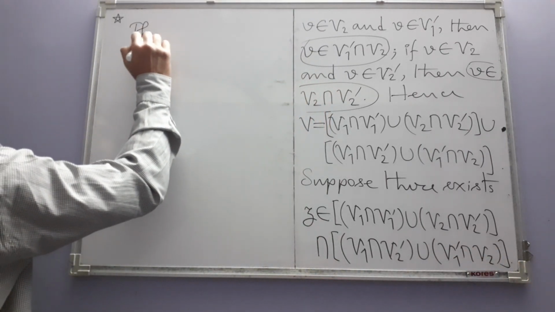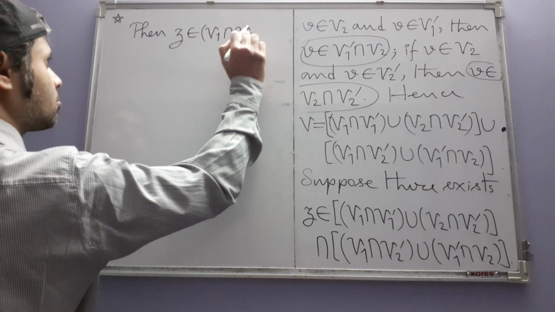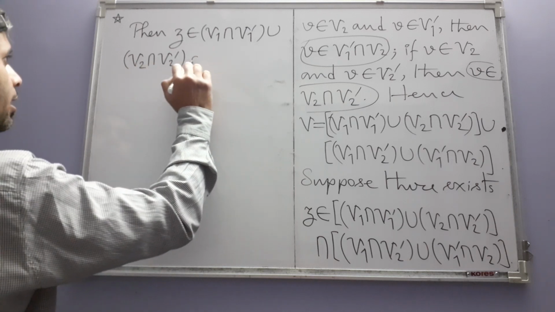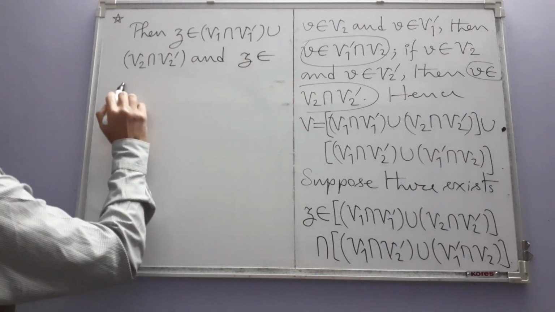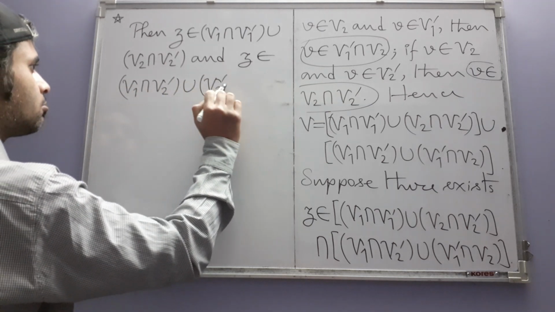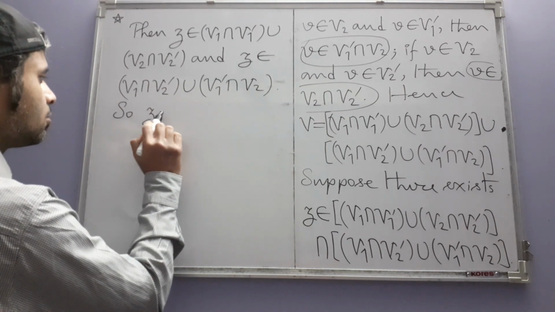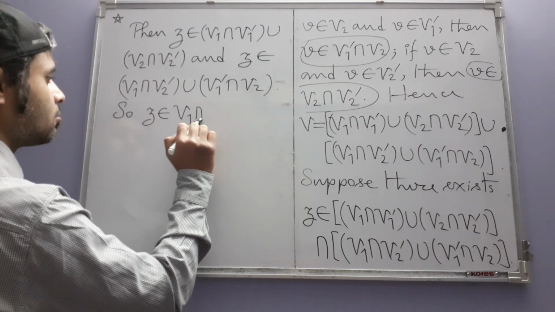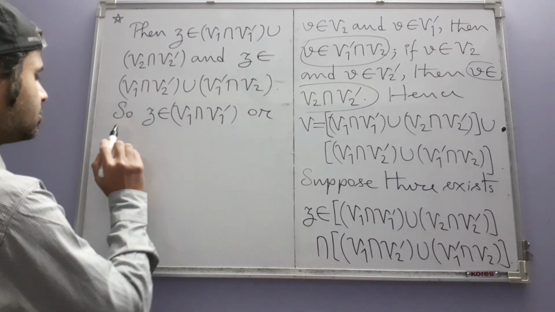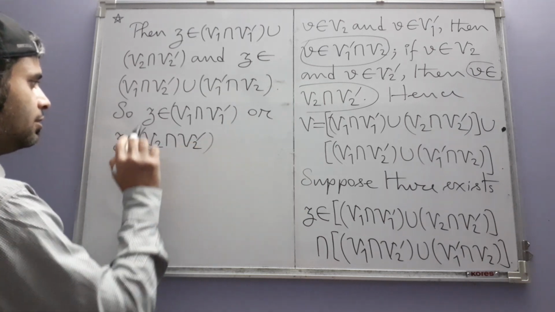then Z belongs to the union of V2 intersection V2 prime, and this belongs to, so, we have to be careful with these ors and ands, so we have to use brackets as many as we need.